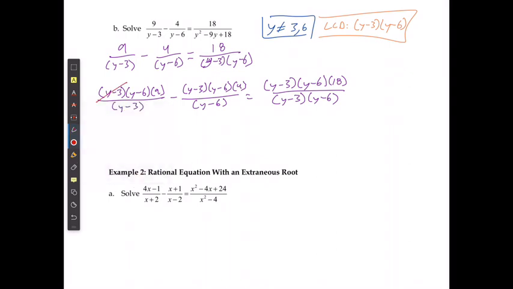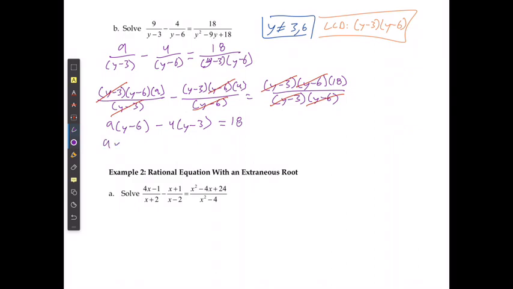In the first set, I can divide out the y minus 3. The second one, divide out y minus 6. And the last one, I'm going to divide out the y minus 3, y minus 6. Which means really what I have is 9 times y minus 6, minus 4 times y minus 3, is equal to 18.